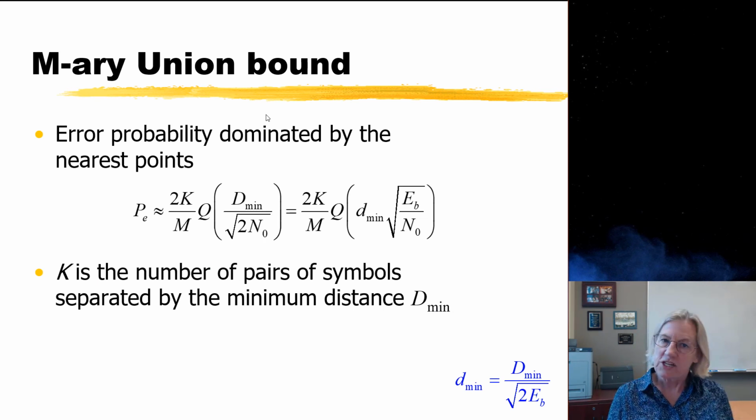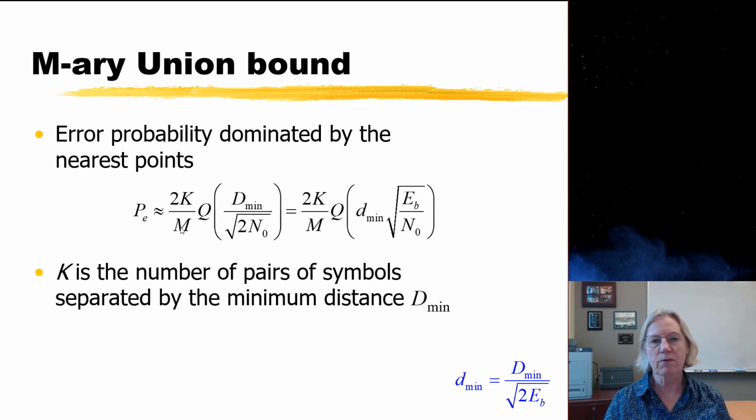So the extrapolation to the M-ary case is that what we should do is take this minimal distance, this d min that we've described earlier, put that inside of the Q function, and then in front of the Q function, we should have a multiplicative factor.